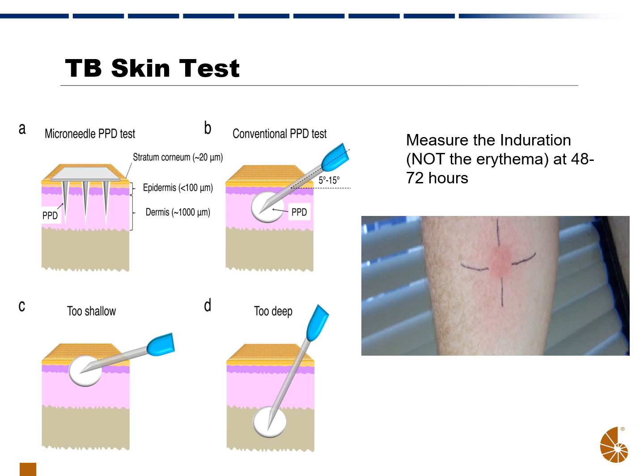The needle has to be placed exactly in the right level of the skin, and it has to be measured between 48 and 72 hours after the PPD medication is put into the skin. You measure the indurated area, not the red area, but the area that feels like a mosquito bite. Usually if it's over a centimeter, that's a positive test.